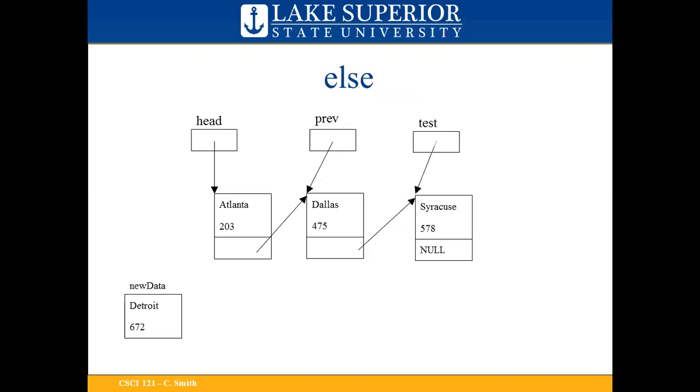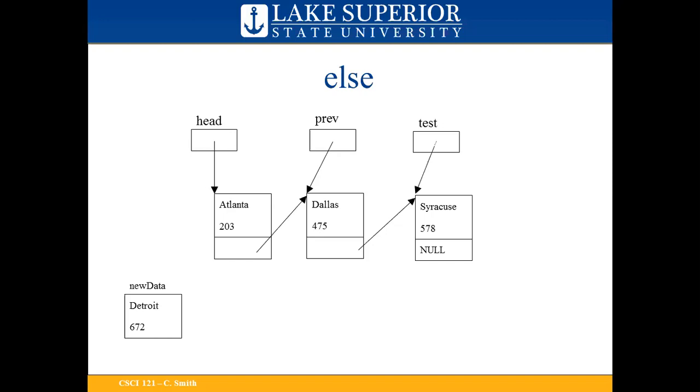So in this case, previous is pointing to Dallas, which is alphabetically less than Detroit, and test is pointing to Syracuse, which is alphabetically after Detroit. So remember that conditional test arrow data, that's Syracuse, is not less than new data, which is Detroit.